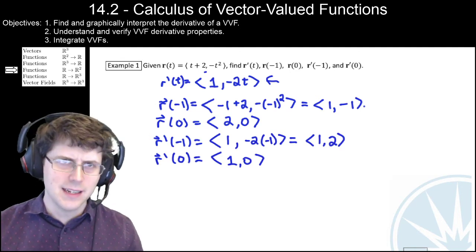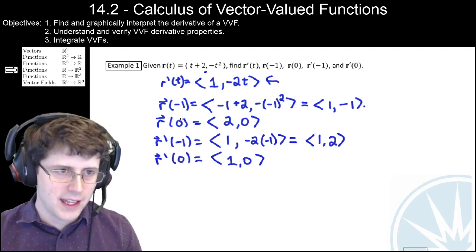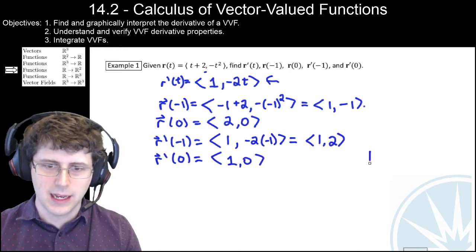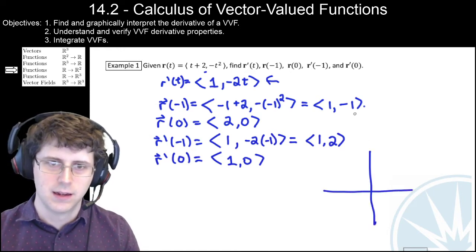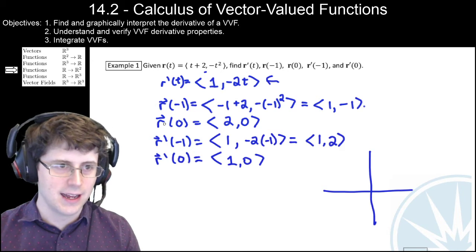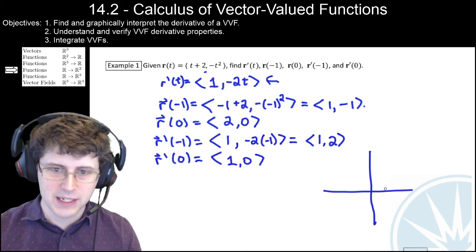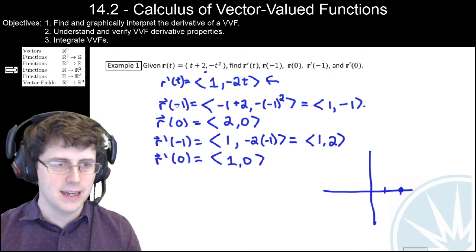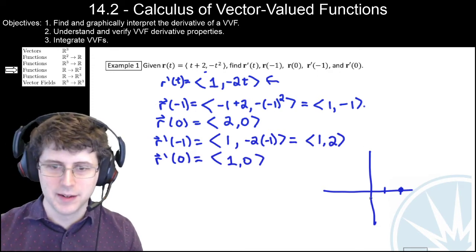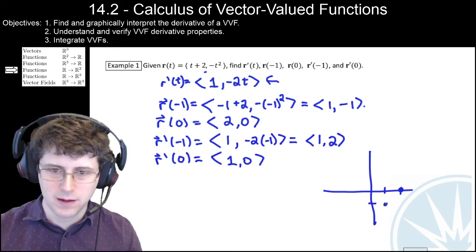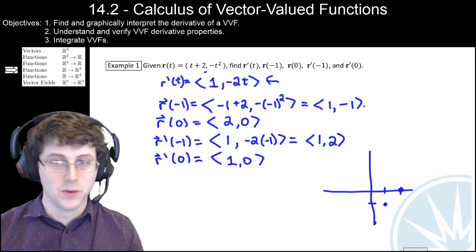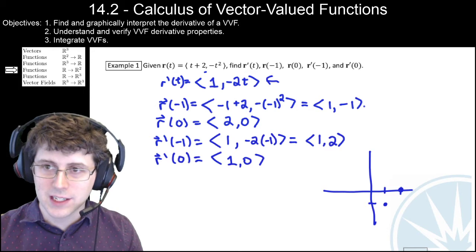What do these mean? Well, the r values tell you a location. So like in the plane, the r values say at time 0, I'm at 2, 0. At time minus 1, I was at 1, minus 1. And then the derivatives tell you the direction that I'm headed.